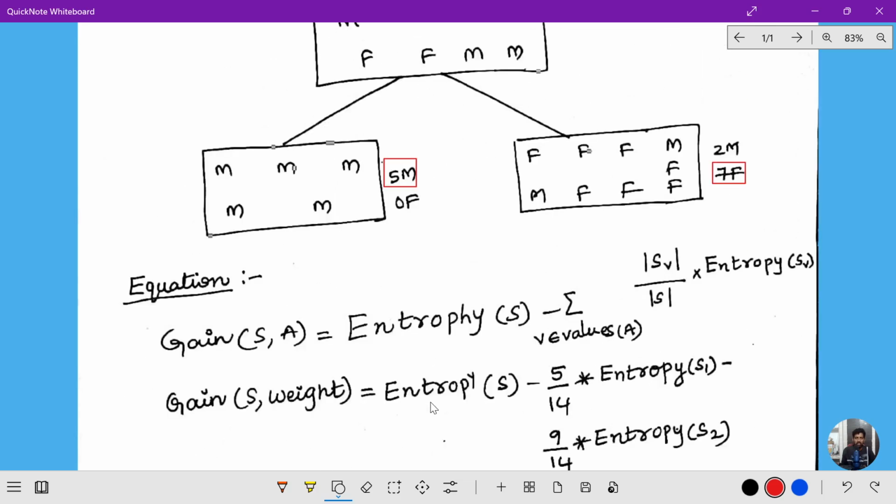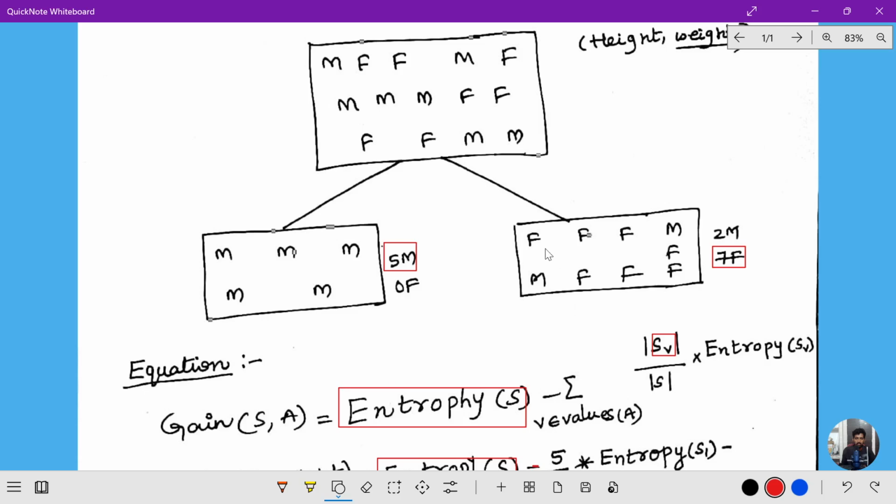Now you observe how to calculate the information gain. Information gain is entropy of S minus sigma of |Sv| by |S| into entropy of Sv. So what is this Sv? Sv is nothing but a subset after the first split.